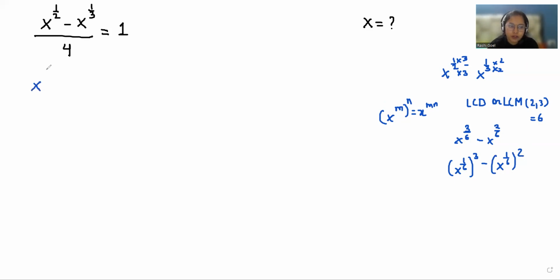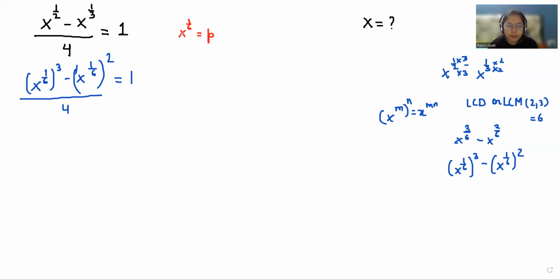So x power 1 by 6 power 3 minus x power 1 by 6 power 2 divided by 4 is equals to 1. Now we are going to substitute. Let x power 1 by 6 is equals to p. So we can write it as p cube minus p square divided by 4 is equals to 1.